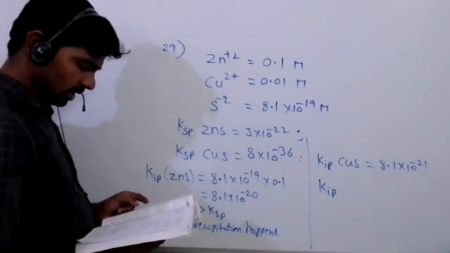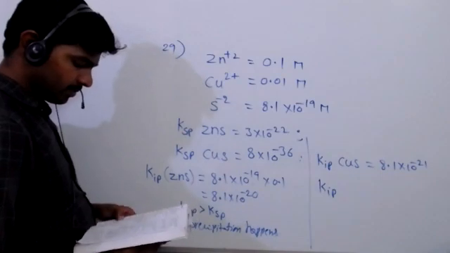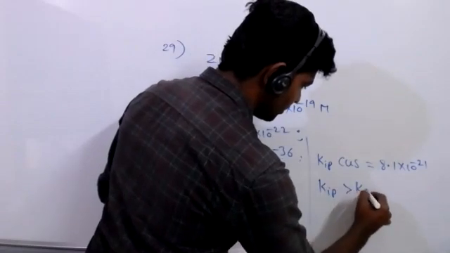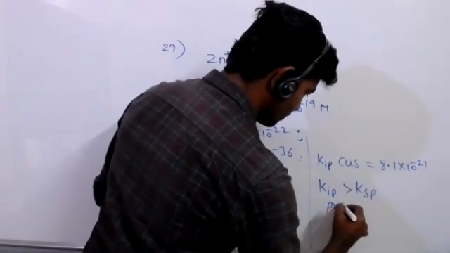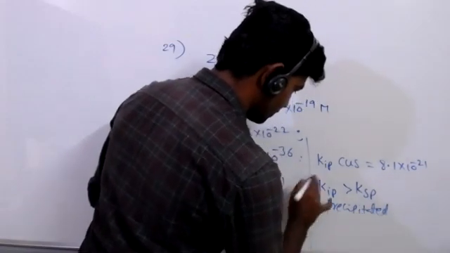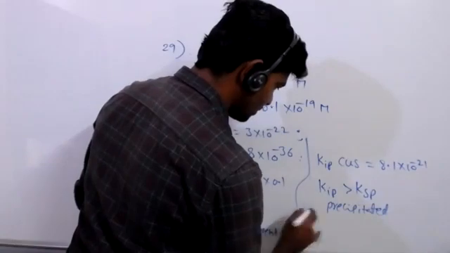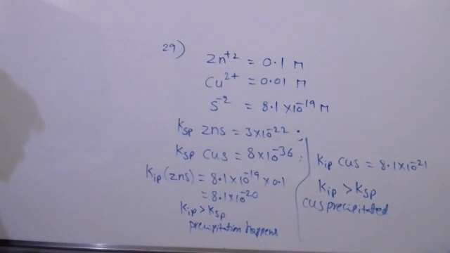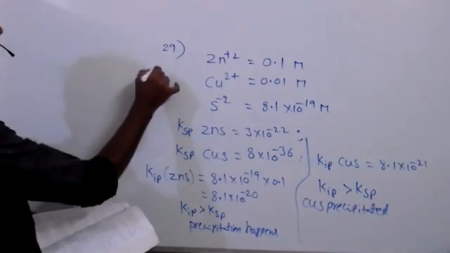So both are precipitated, since Kip is greater than Ksp for both. Copper sulfide is precipitated, so the answer is both CuS and ZnS precipitated. B is the correct answer.